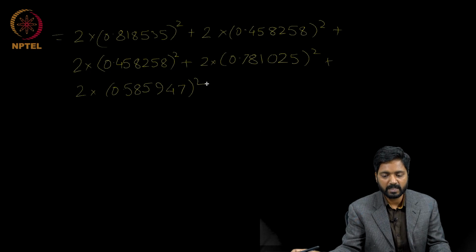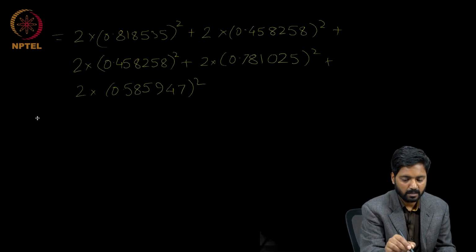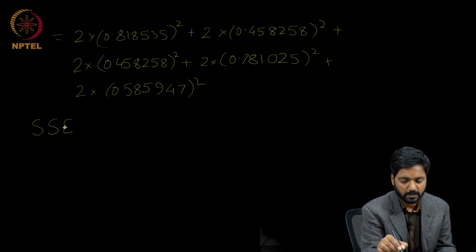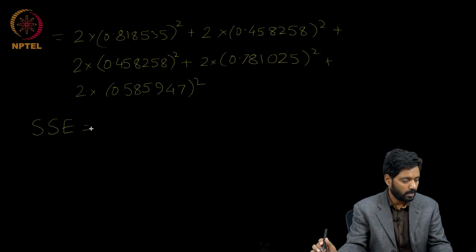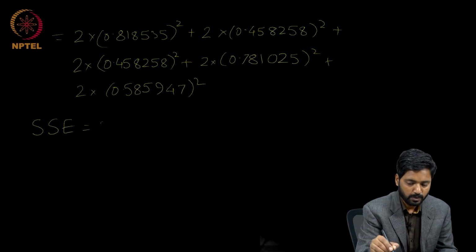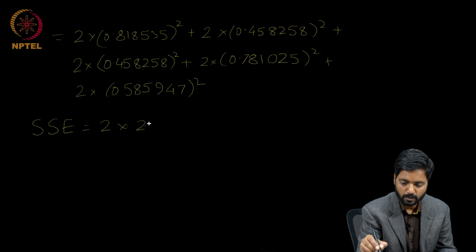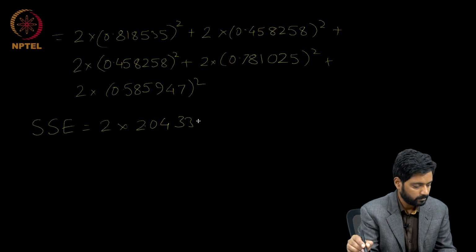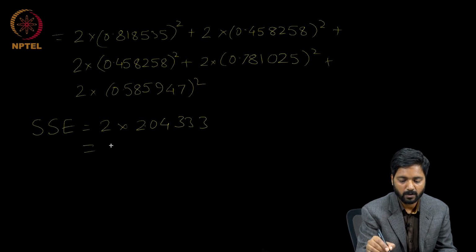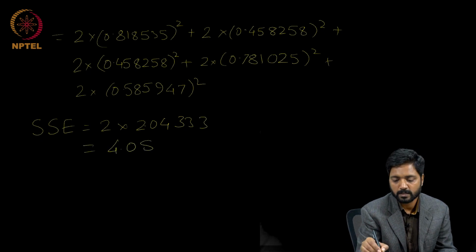Now when we undertake this analysis, the sum of squares due to errors comes out to be 2 into 2.04333 or 4.08666.